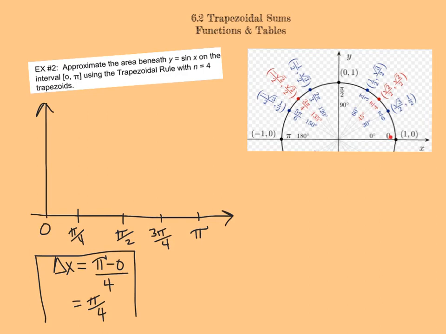So at 0, which is here, sine is 0. Pi over 4, the sine is root 2 over 2, which is like 0.707, I think. Then at pi over 2, the sine is 1. At 3 pi over 4, it's back to root 2 over 2. And at pi, the sine goes back to 0.